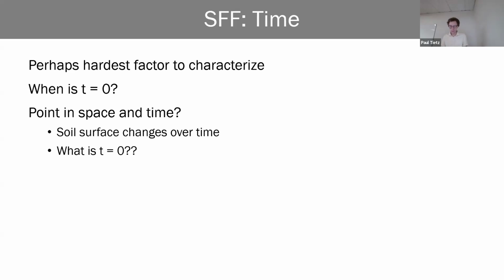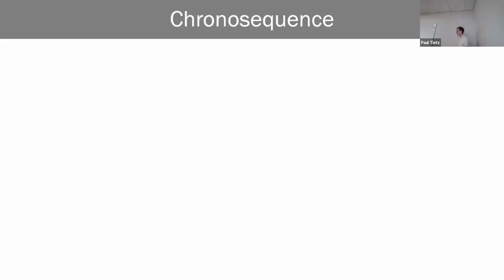It just makes this a difficult topic to consider. When we want to consider the effect of time on soil development, we would probably do it through our chronosequence, which is our last comparison word.